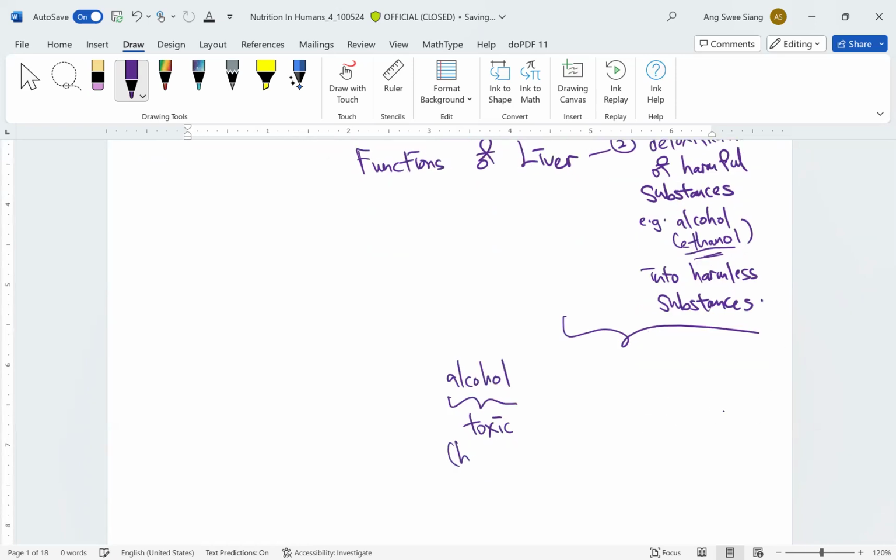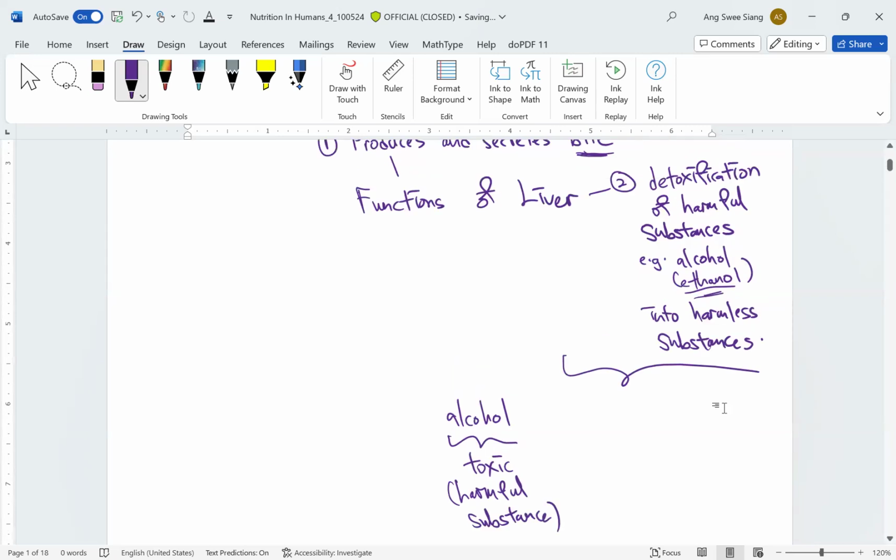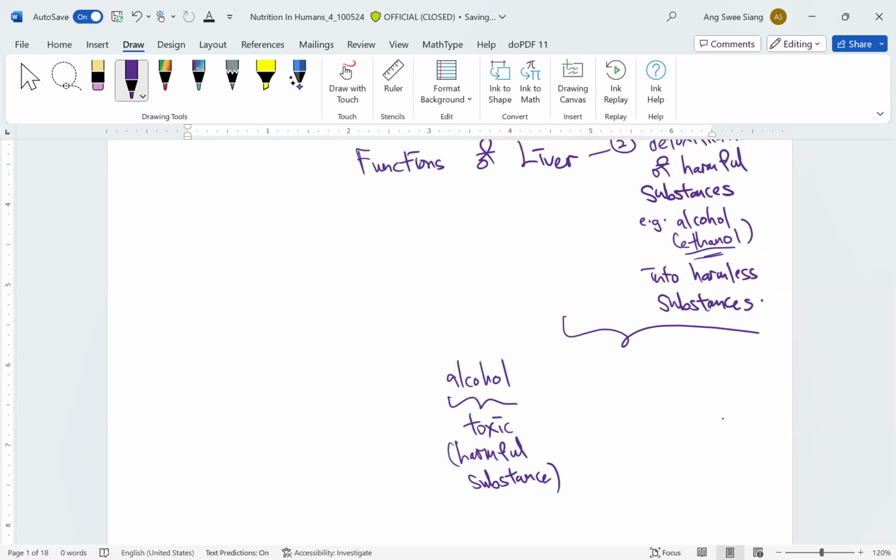Because it's toxic, it's harmful. So the liver cells perform this very important function of converting this alcohol into harmless substances like water and carbon dioxide.